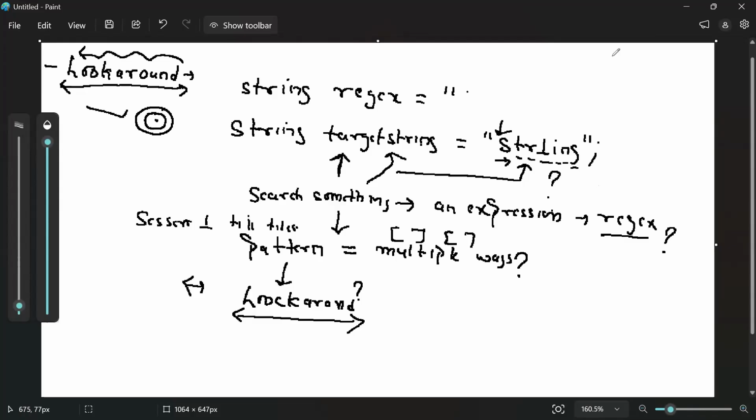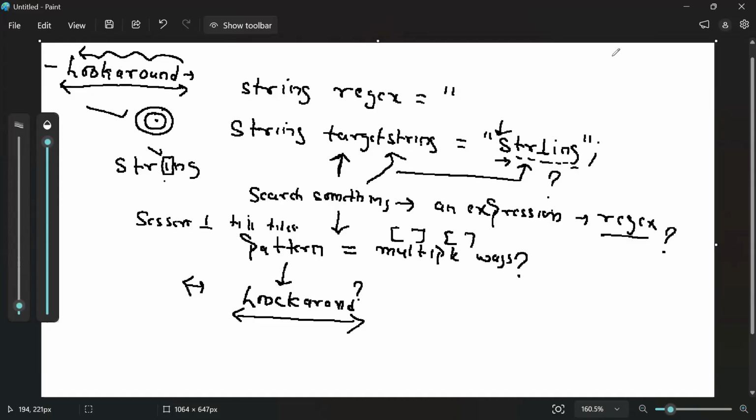Now let's say I'm trying to search an I here.